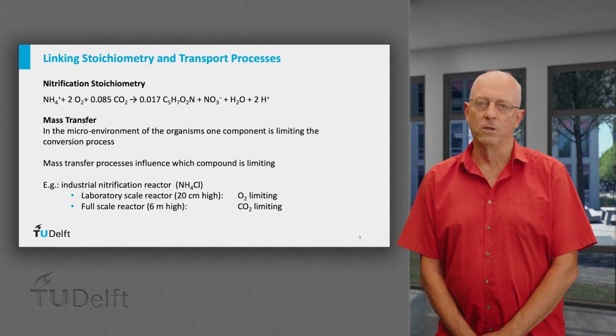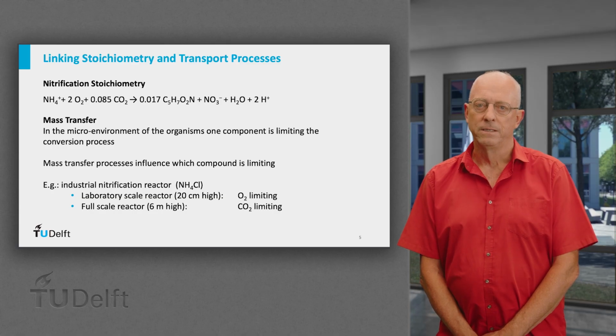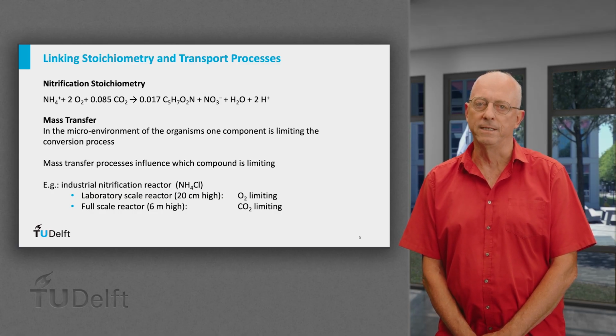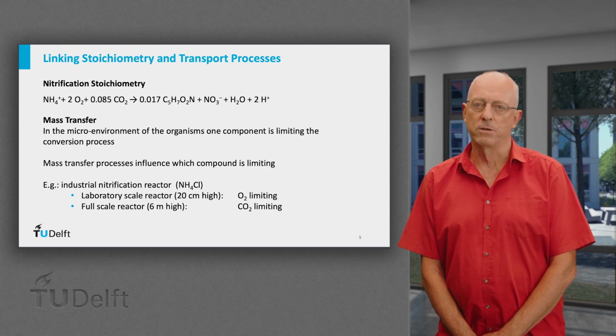But in a 6-meter tall industrial reactor, CO2 becomes the limiting factor because air contains far less CO2 than oxygen. These shifts require us to rethink gas supply strategies at full scale, perhaps adding supplemental CO2 to maintain optimal conditions. This example shows how transport processes and scale influence process efficiency.